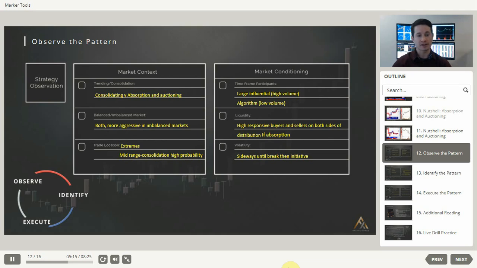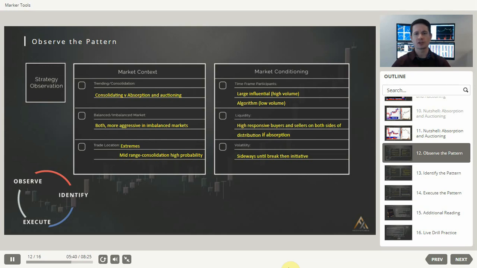Okay, now obviously in terms of trade location, in terms of market context, we do tend to see the strategy work better at extremes. Okay, why? Because at the extremes, once we get that break just after the absorption, we do tend to get follow through as liquidity becomes slightly less on the breakout of previous days' highs and lows.